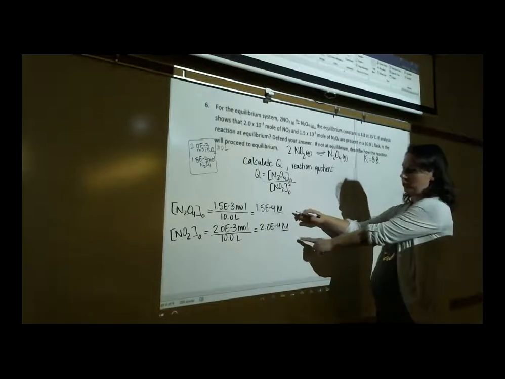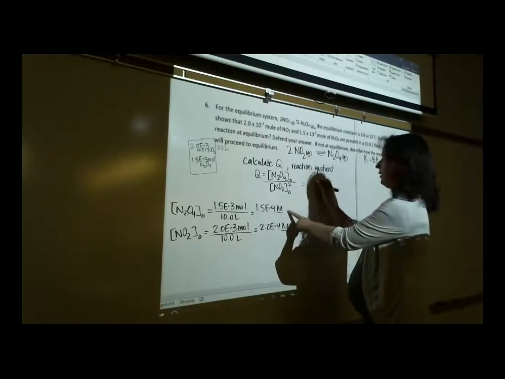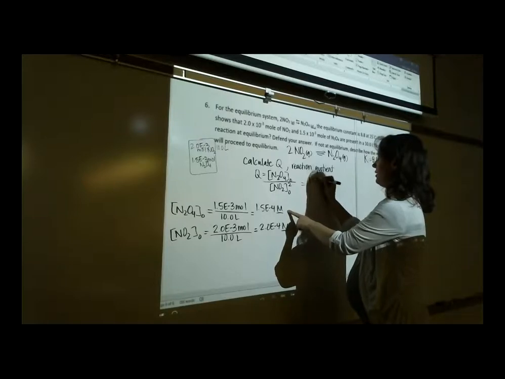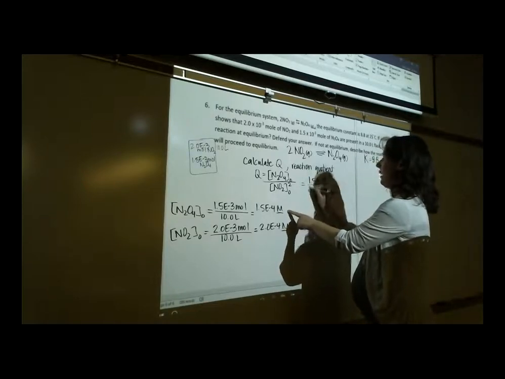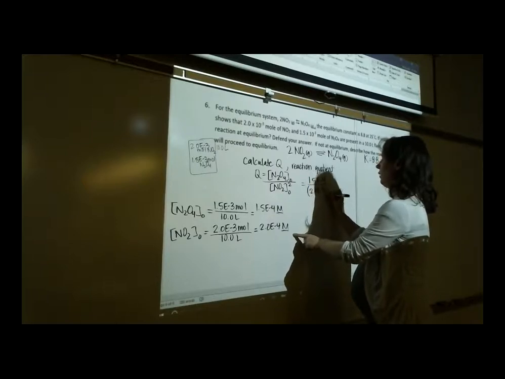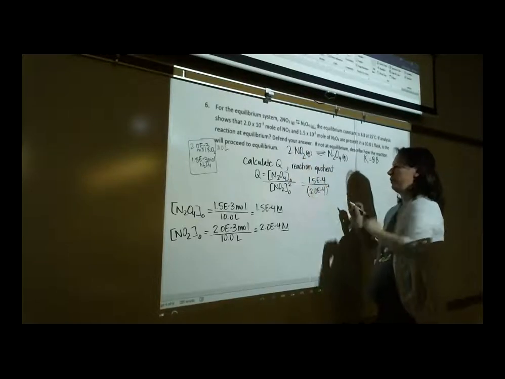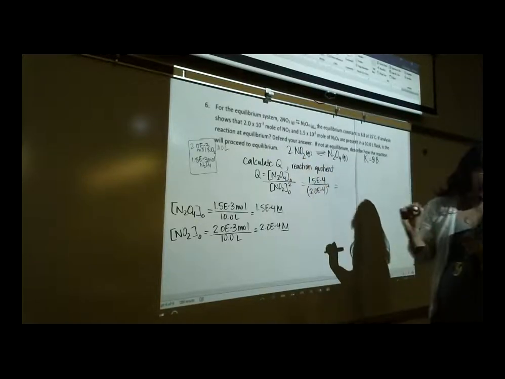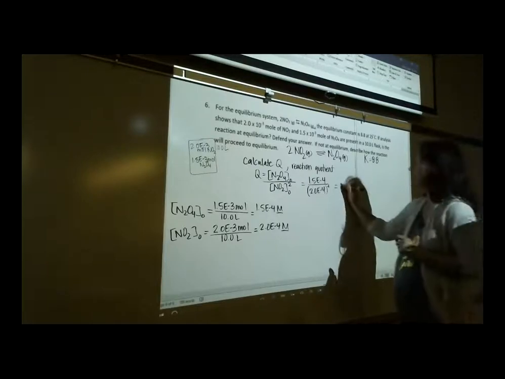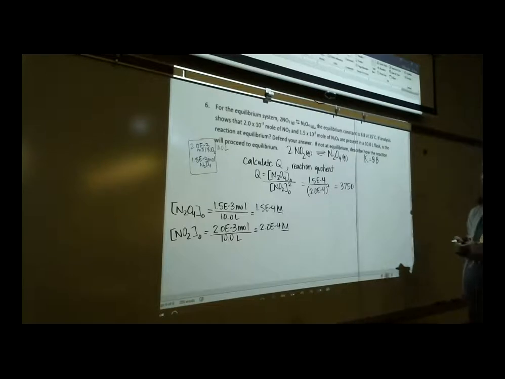Yes, this is my initial concentration of each substance, so I just plug them in. That would be 1.5 times 10 to the negative fourth divided by 2 times 10 to the negative fourth, squared. Why is it squared? Coefficient of 2. When I do that arithmetic, I got 3,750. We'll worry about sig figs later. That would round to 3,800 if we're worrying about sig figs.